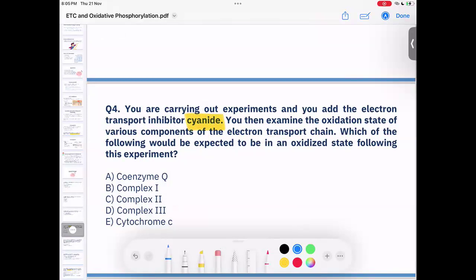Cyanide, we said, inhibits complex 4. And they're asking you, if cyanide is added, which of the complexes will be in the oxidized state? طيب, oxidized state meaning that it does not have any electrons. So let's say lost electrons or no electrons.